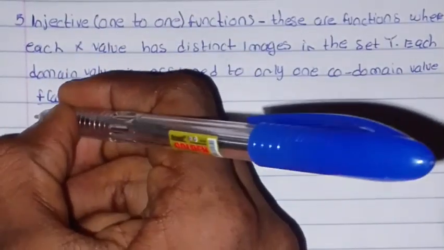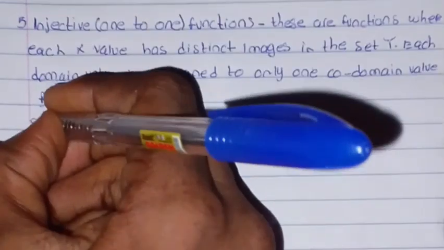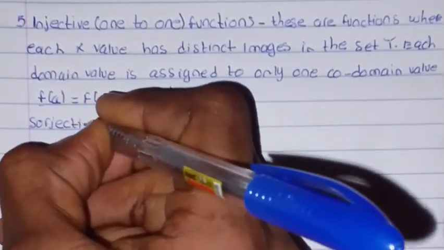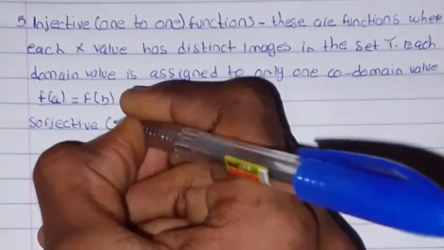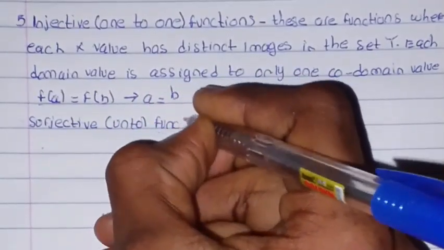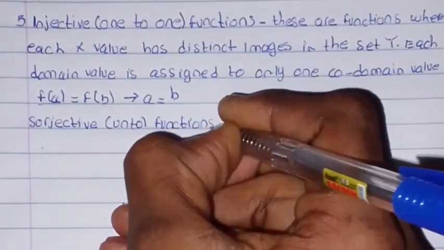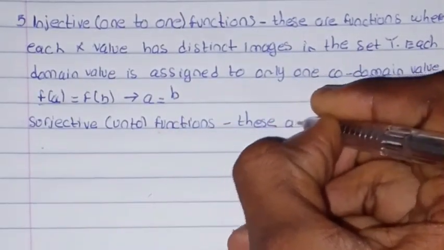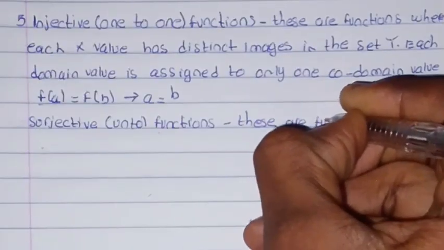Now the next we're taking are surjective functions. We'll take this as number 5. Surjective functions are referred to as onto functions. These ones are quite easy anyway.